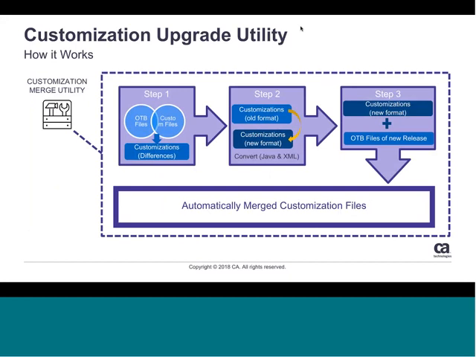So it has to identify where it needs to insert those lines of customization in a format that the new release can understand, and then merge it. And that's the output that we get of automatically merged customization files.